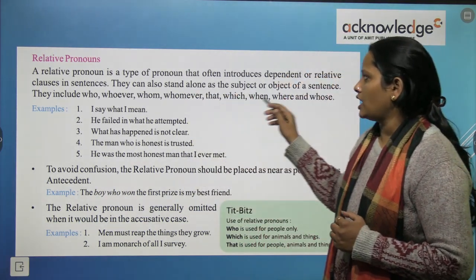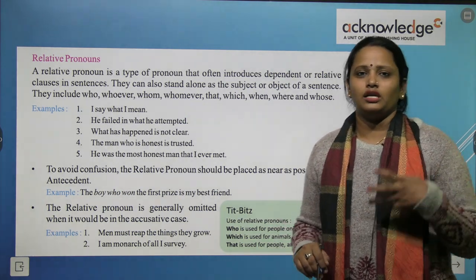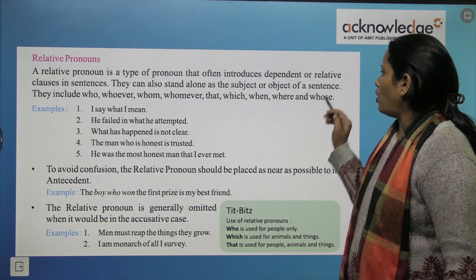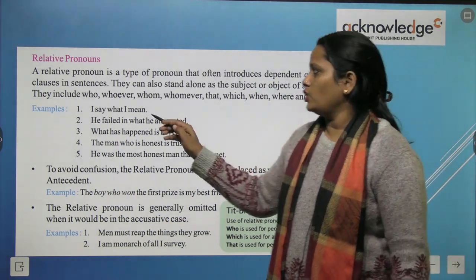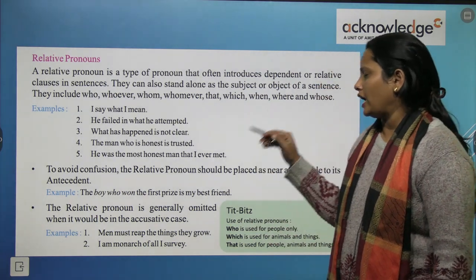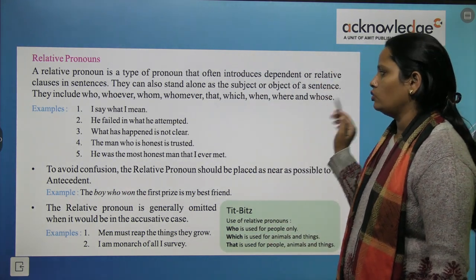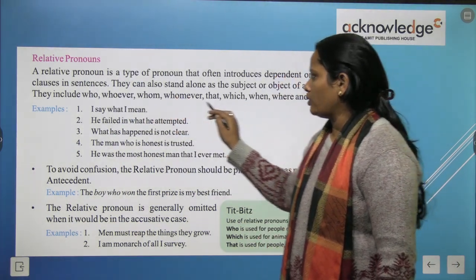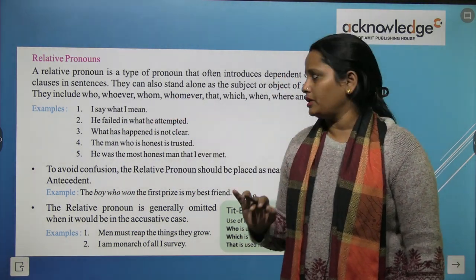They can also stand alone as a subject and object of a sentence. They include who, whoever, whom, whomever, that, which, when, where and whose. So ये जितने भी pronoun यहाँ लिखे ये सारे हमारे relative pronoun हैं.